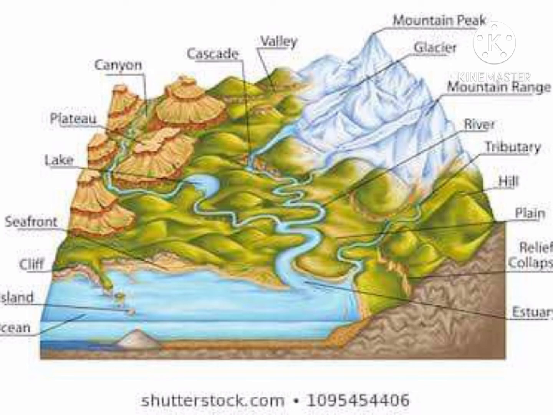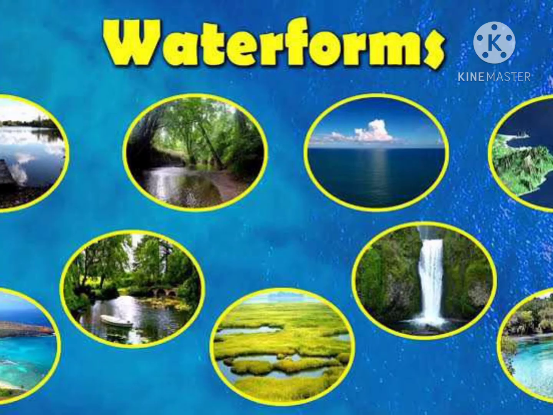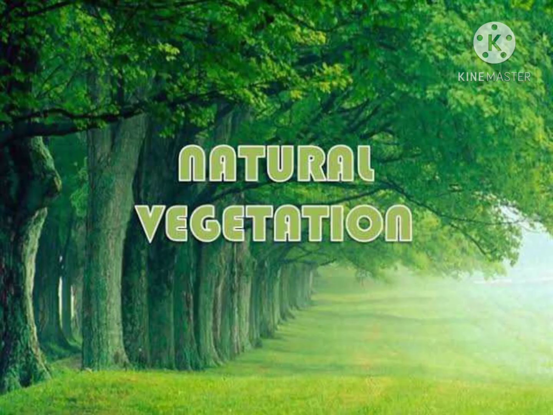They are mountains, plateaus, valleys, caves, circuits, sand dunes, coral reefs, cliffs. These different types of landform will attract people for tourism. Second one is waterforms: river, lakes, waterfall, hot spring, snow, glacier, water current, tides, waves. These different types of waterforms also attract the people.